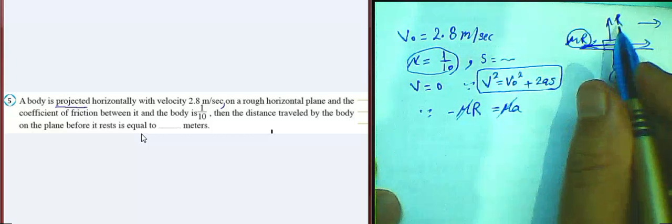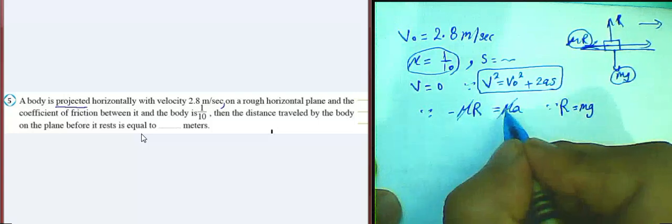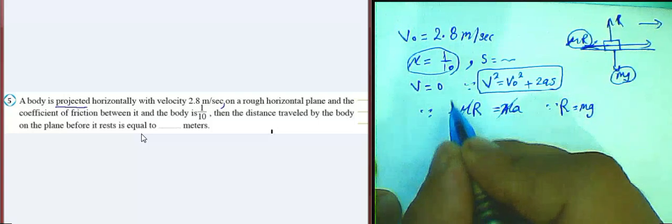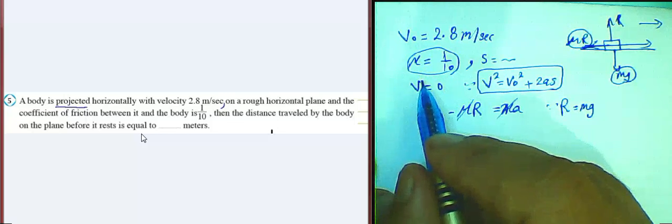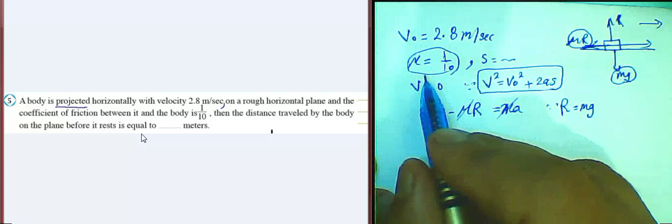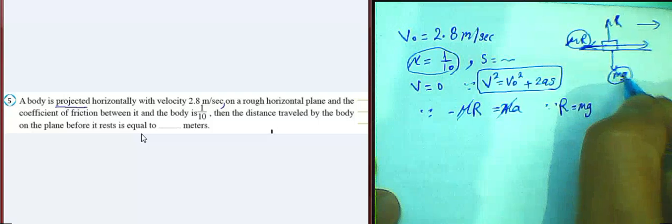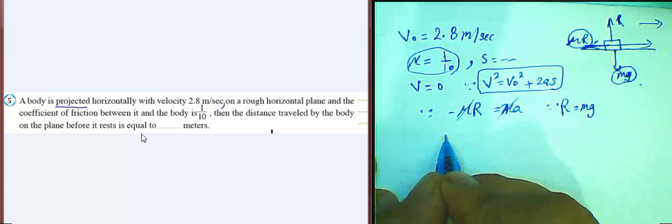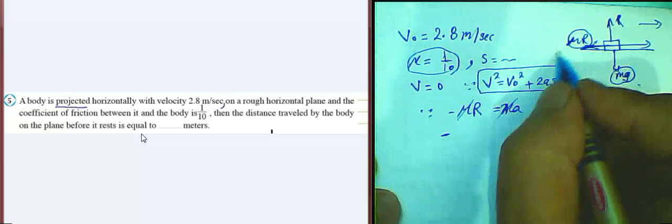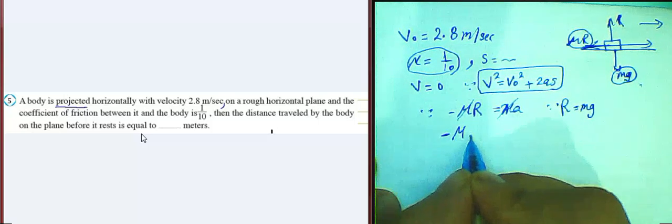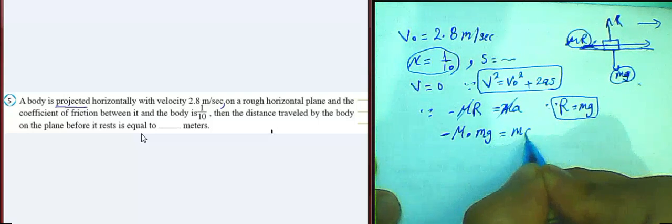We can cancel, such that R equals m times g. The small m here, mu, refers to the coefficient of friction between the body and the plane. Mu is a constant, negative mu multiplied by R, and R equals m multiplied by g, equals m multiplied by acceleration.